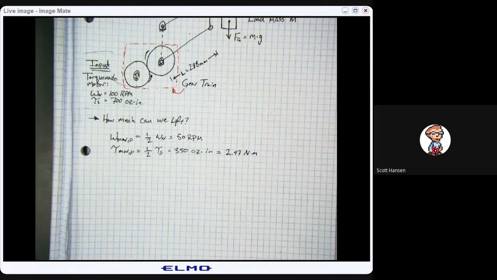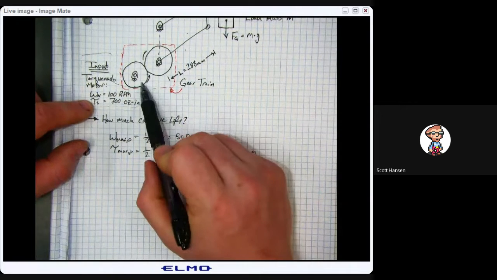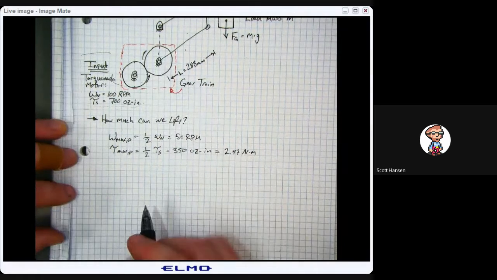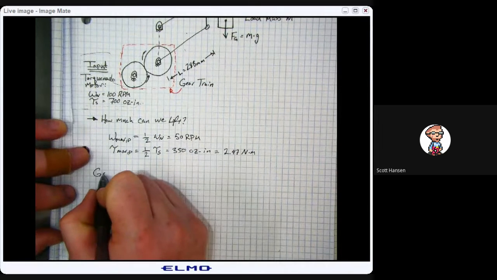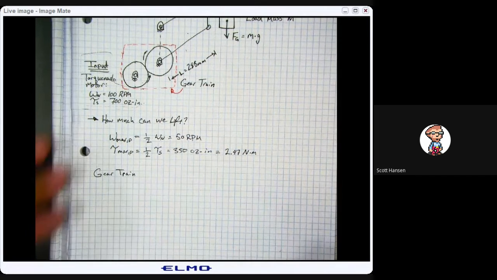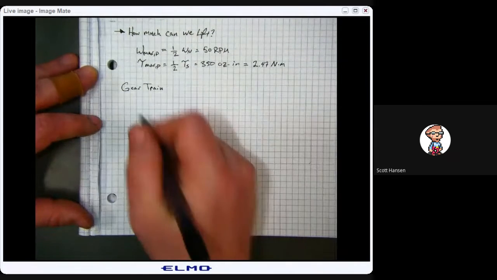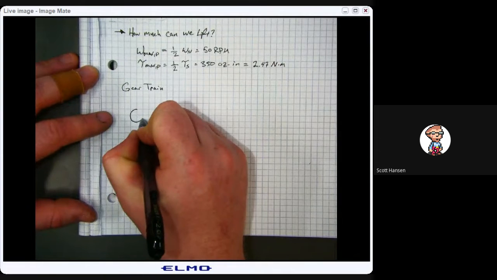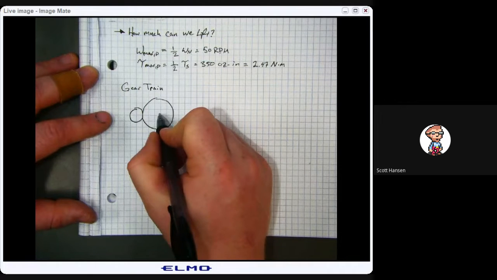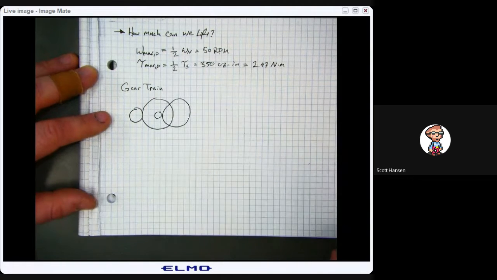That tells me how much torque this motor is providing to this gear. Here I've got a gear train with an input gear and an output gear. Let me zoom in on the gear train, because what I have implemented is a little more complicated. It's not just two gears, it's a couple of compound gears. The way this gear train is set up, there's a little gear connected to a big gear, connected to a little gear, connected to a big gear.